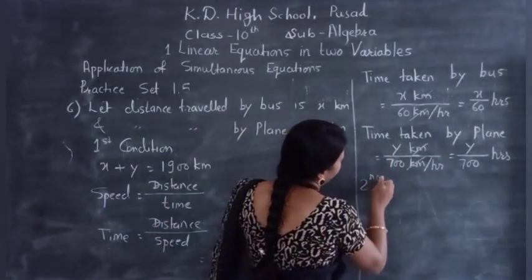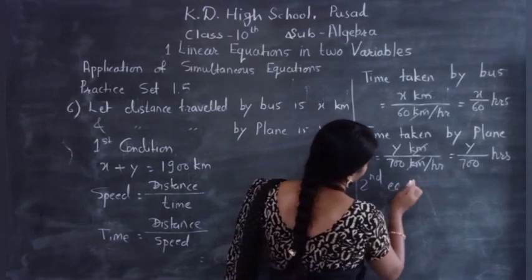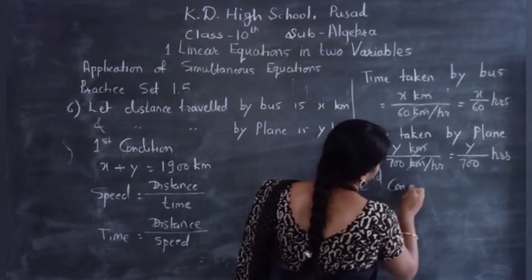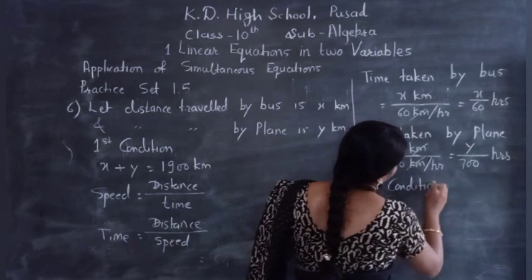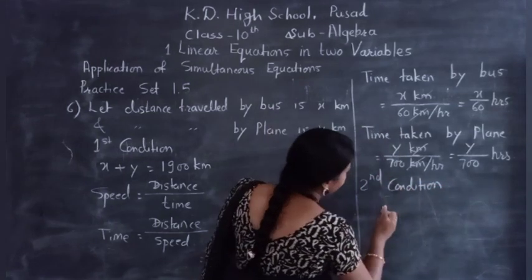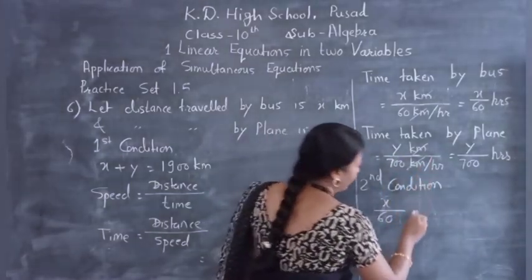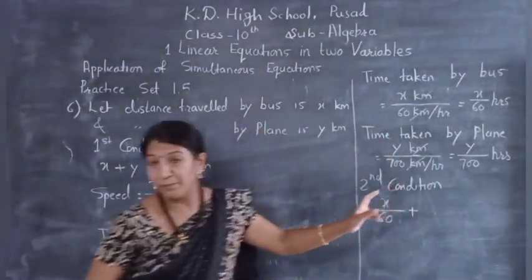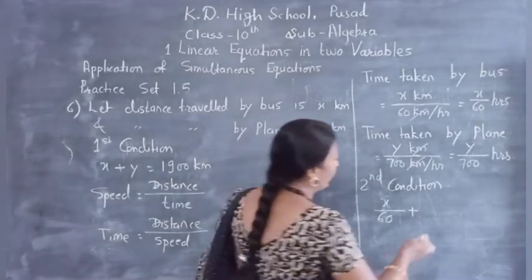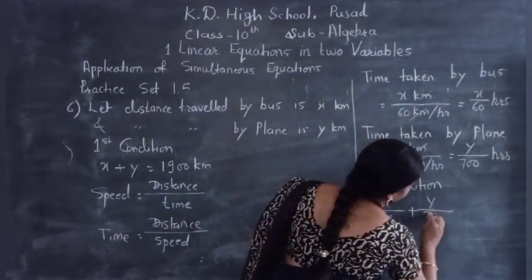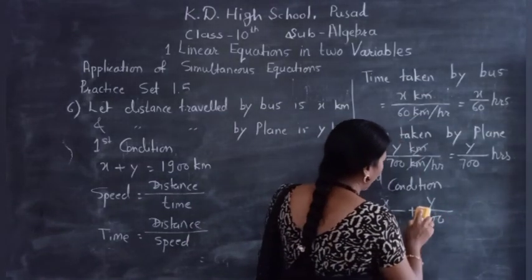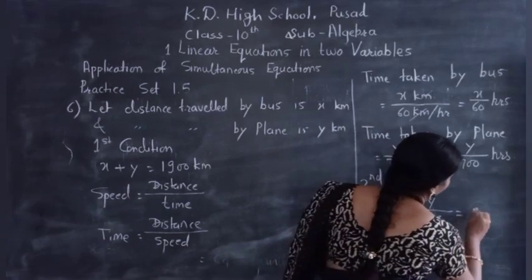What is our second equation? Second condition. What we get here? x upon 60, the time taken by the bus, plus the time taken by the plane, that is y upon 700, is equal to 5.